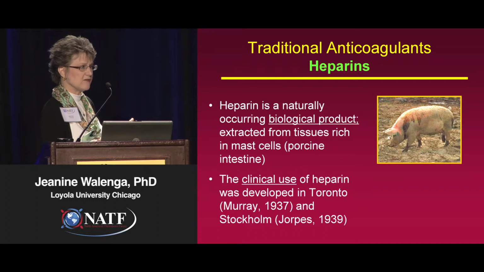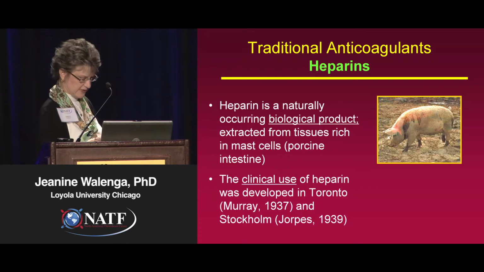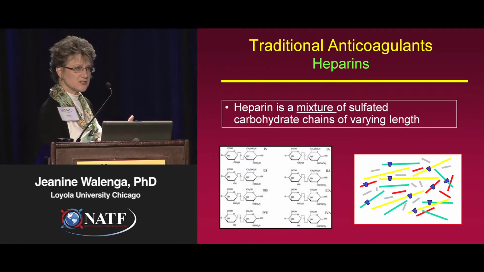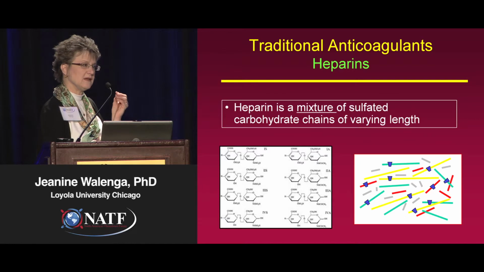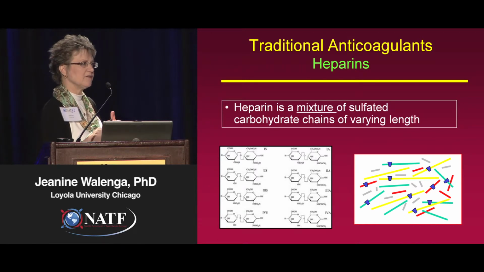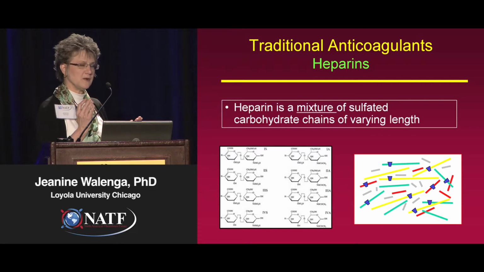Initially, it was discovered in 1917 by McLean, but the work to create it as a clinical use anticoagulant was in the 1930s. It's a very complex drug, and it could be an advantage and a disadvantage, but the advantage to this complexity, it's this mixture of these sugar units that make up heparin, give the heparin a lot of different components.